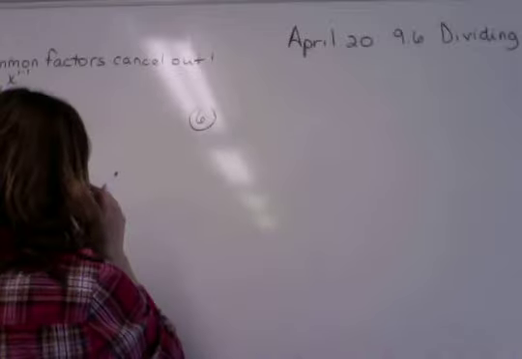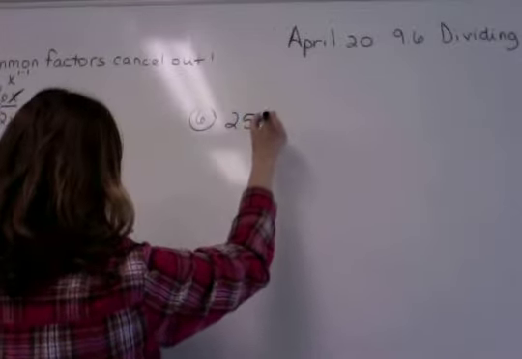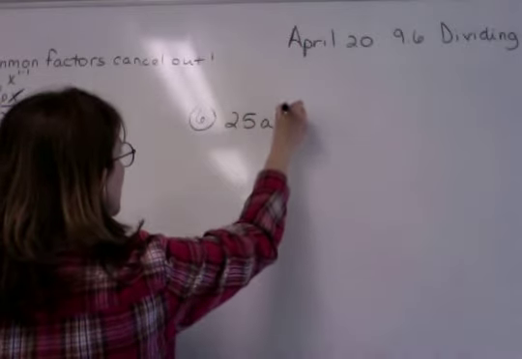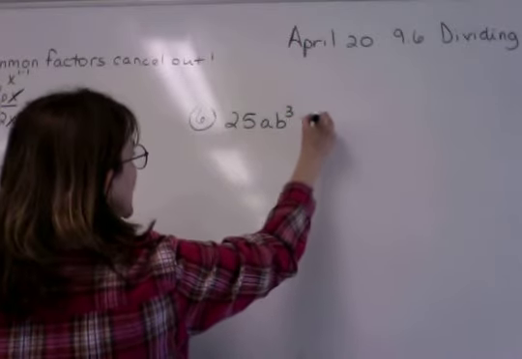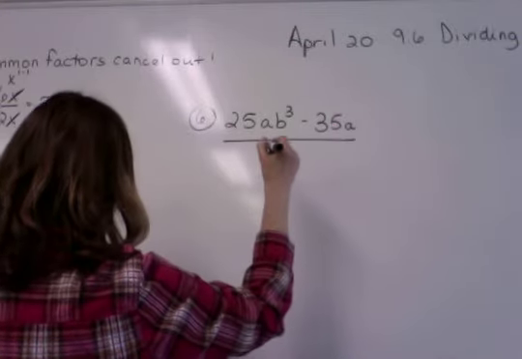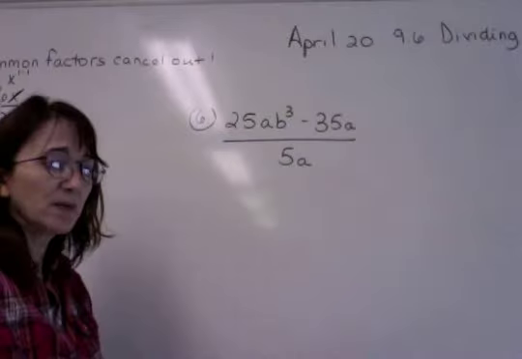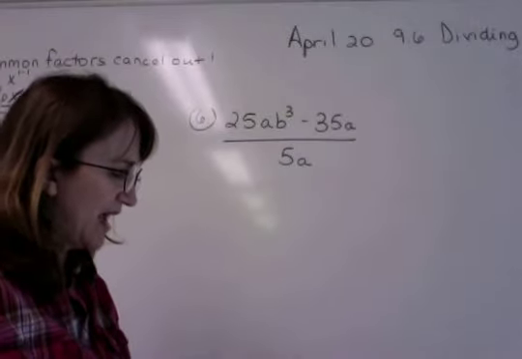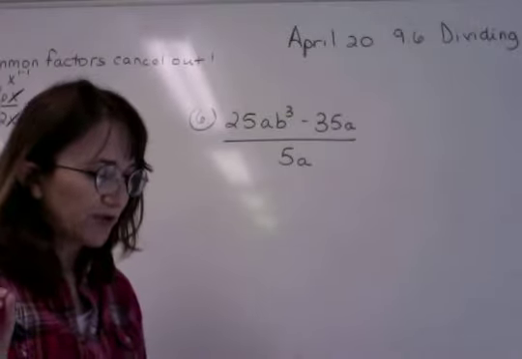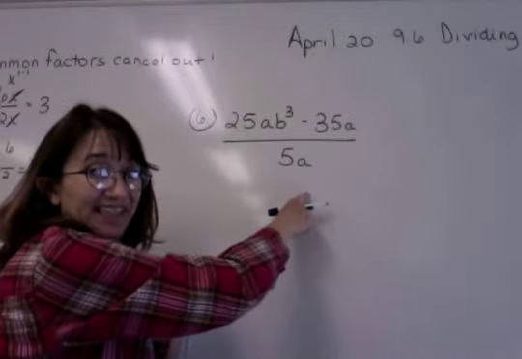Number 6 looks like this. I have 25ab cubed, and then I'm subtracting 35a, and then I'm going to divide that by 5a. Just remember, right off the bat, what do I need to consider? I need to go ahead and say, I'm distributing this.